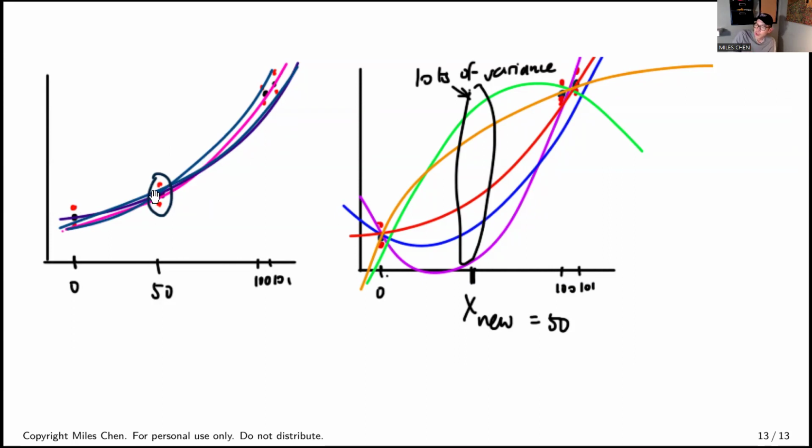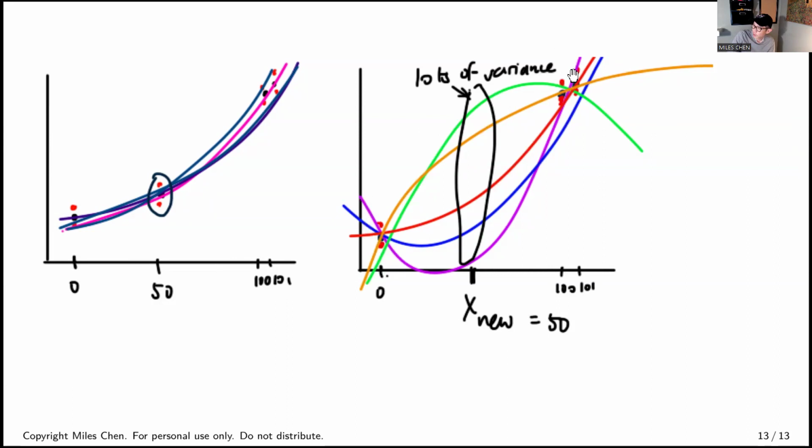If I get rid of this point at 50, I observe some random values at x equal to 0, and values where x is 100 or 101, and you observe some values at x equal to 0, 100, 101, and we fit a quadratic model to it. Because it's a quadratic, there's a lot of flexibility.